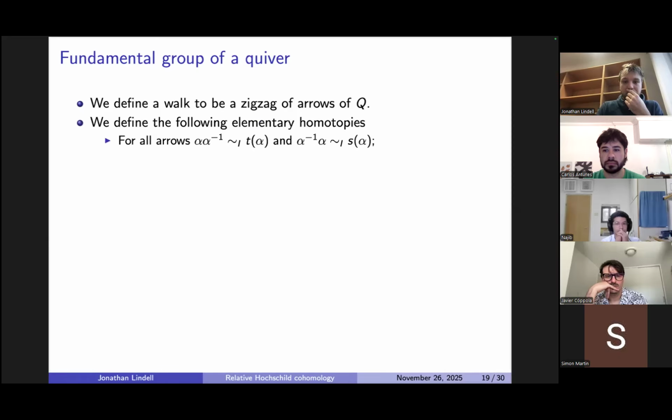First off, if we walk in the opposite direction of some arrow and then walk the arrow back, then this should be the same as just the walk given by staying at the terminal vertex of our arrow. And similarly, if we walk along some arrow and walk back, this should be the same as just staying at the starting vertex of our arrow.